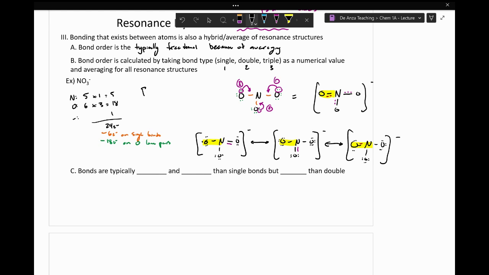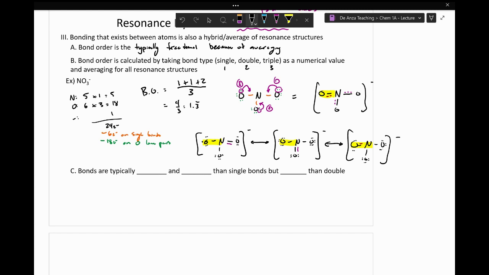And so we'll call that bond order, I'll just say BO, is equal to, in structure 1, that nitrogen and oxygen form a single bond. In structure 2, they form a single bond. And in structure 3, they form a double bond. And so since I looked at 3 different structures, I'm going to divide this by 3 to look at the average bond order across all 3. That's 4/3, which is equal to 1.3 repeated.